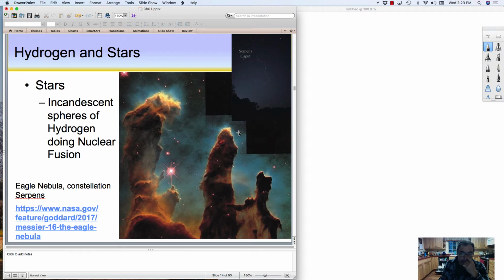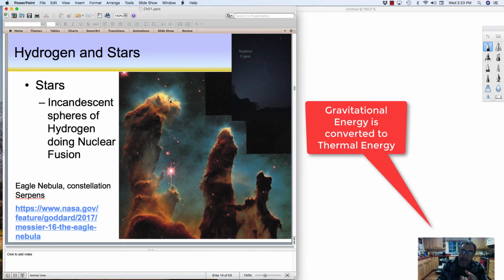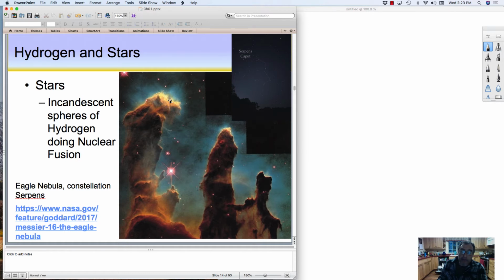And this is actually a gas nebula where hydrogen is coming together, and really stars are being born here, right? And then once the stars reach massive enough or large enough size, that gravitational energy of bringing this gas together turns into thermal energy, and eventually it becomes massive enough to start doing nuclear fusion.